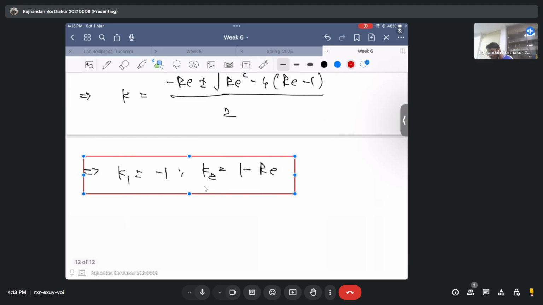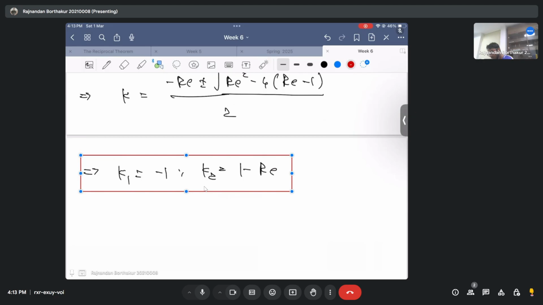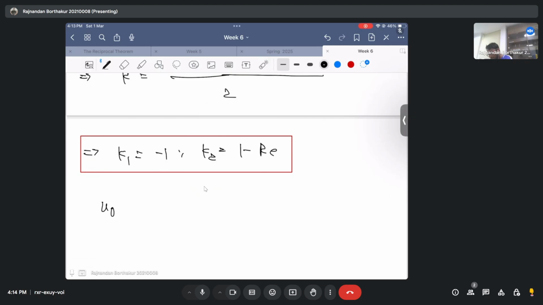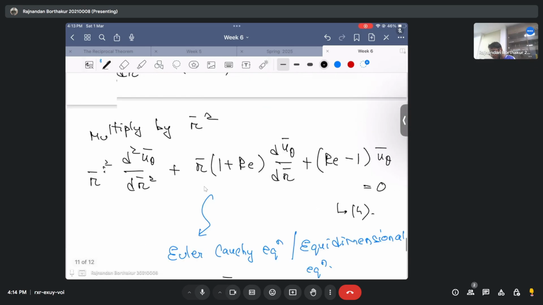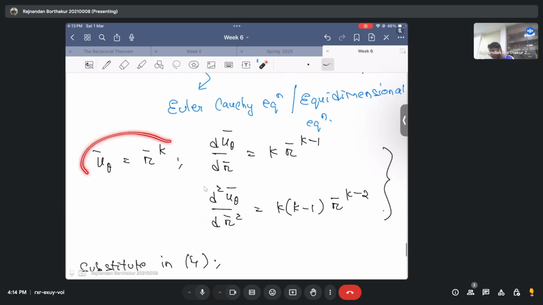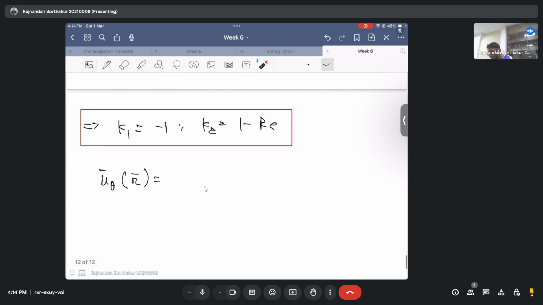Of course, these are two linearly independent roots, which means that my u theta bar as a function of r bar, which I considered as some r power k, will be r bar power k1 plus r bar power k2. So my u theta is just going to be some constant a1 times r bar plus the other constant a2 times r bar power 1 minus Re.